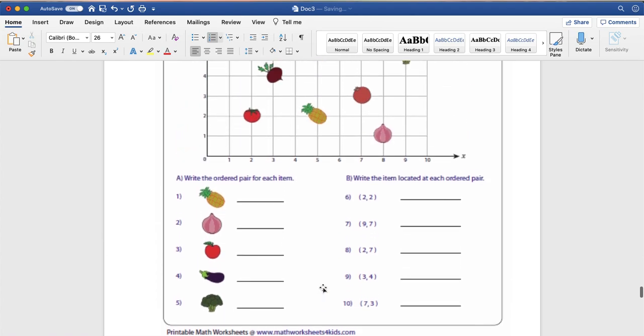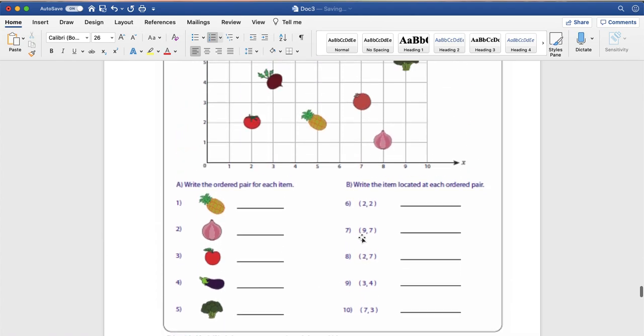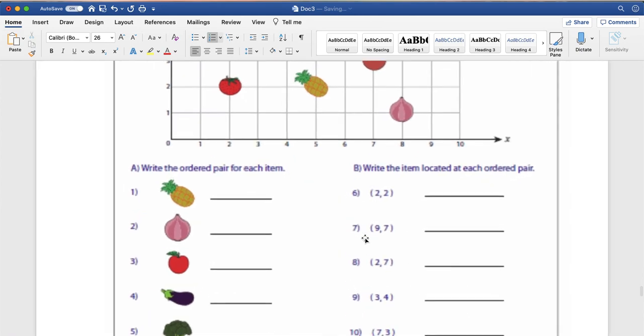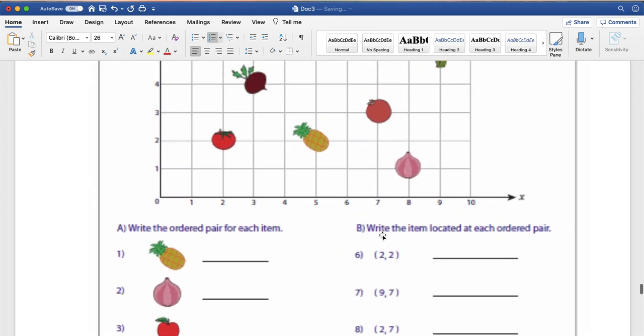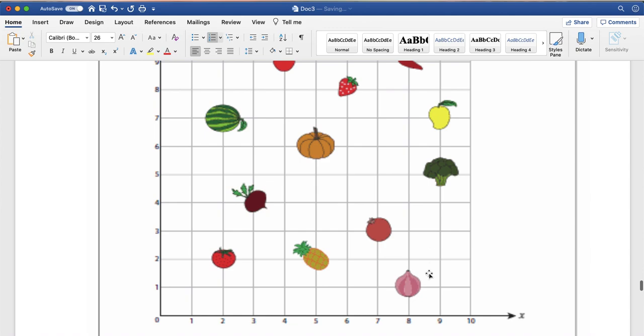Now my next one says I need to run 9 times, 9 spots. So I'm starting off at my home base: 1, 2, 3, 4, 5, 6, 7, 8, 9. I need to stop here. Now it says jump up 7 spots: 1, 2, 3, 4, 5, 6, 7.